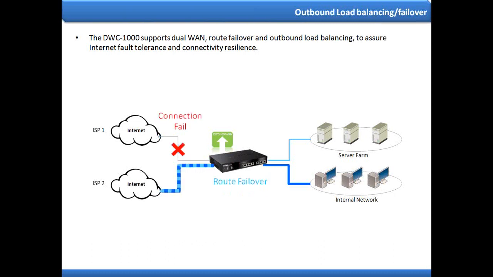However, in the case of a failure, the DWC 1000 will automatically move traffic over the available link. So as you can see, from a network standpoint, this allows high availability for your internet connection to ensure that you're always connected to the network. And then from a wireless standpoint, it also allows high availability for your wireless network, either between multiple controllers or managing multiple access points.